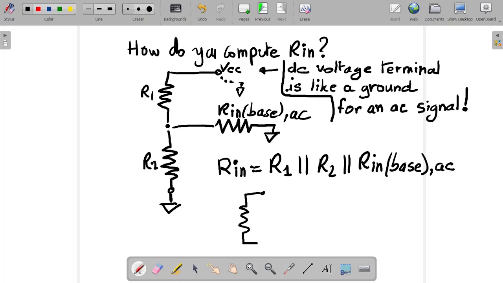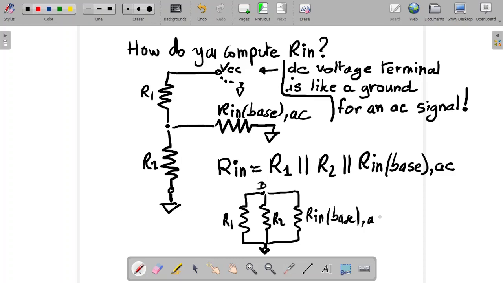You have R1, R2, this is B, and this is the ground, and this is the Rin base AC.